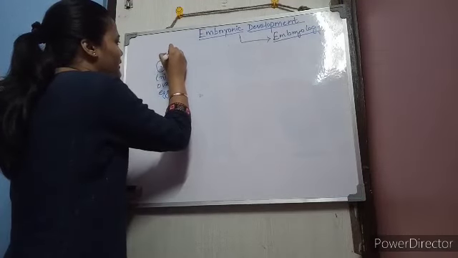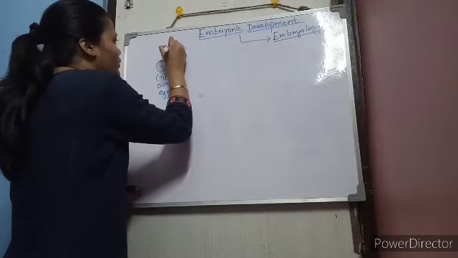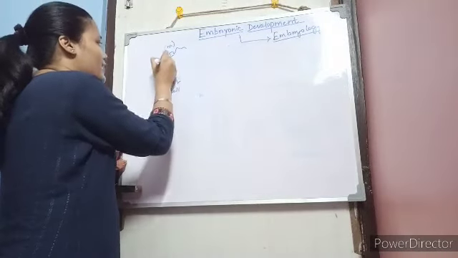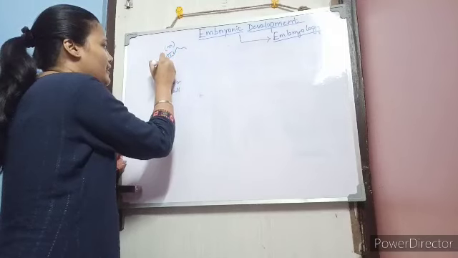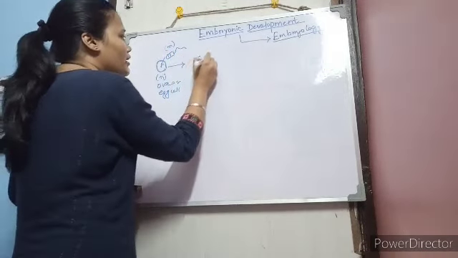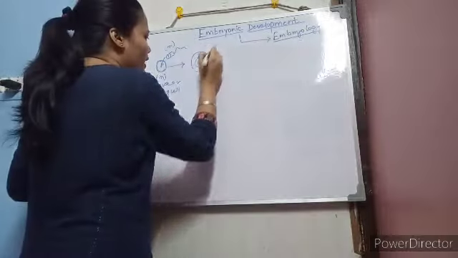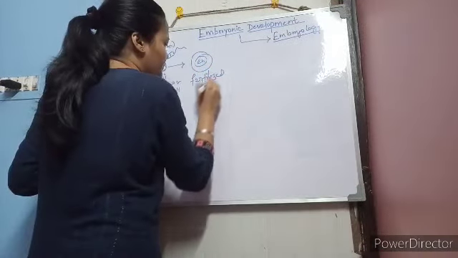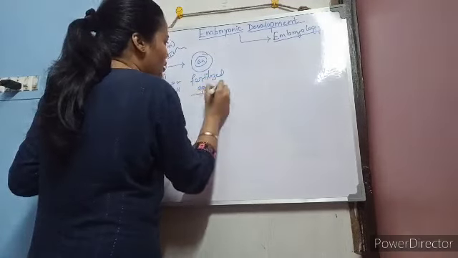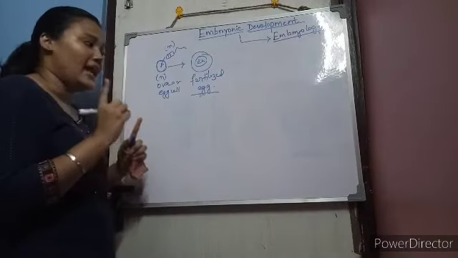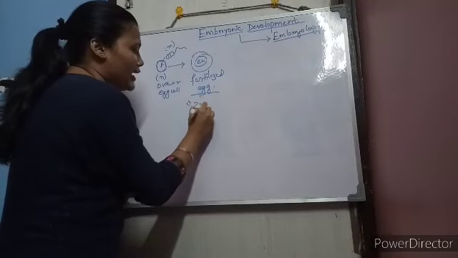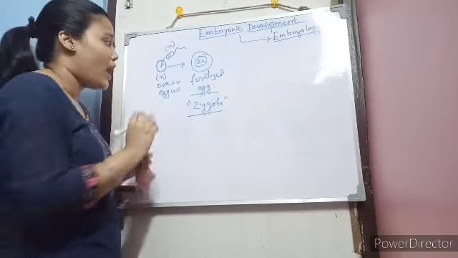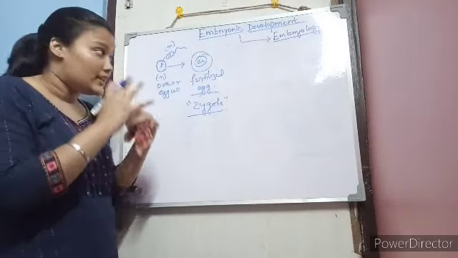When a sperm comes, which is also carrying n number of chromosomes, and penetrates and fertilizes the egg, it will become a 2n cell, and this we call a fertilized egg, carrying 2n number of chromosomes. This fertilized egg we also call a zygote.